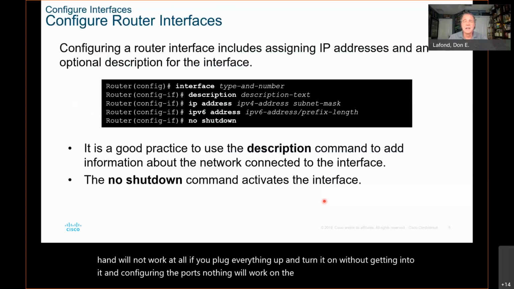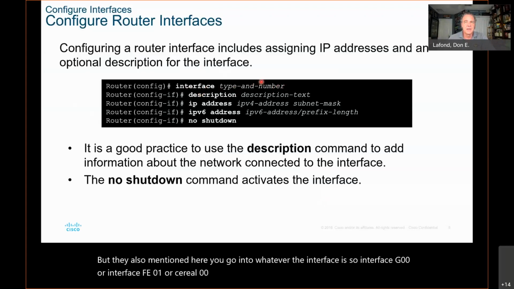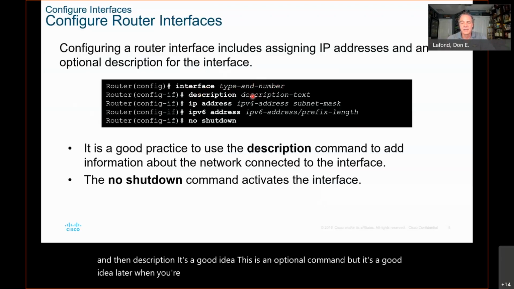Okay. They also mentioned here, you go into whatever the interface is. So interface G0/0 or interface FE0/1 or serial 0/0/0. That's the interface that you're going to configure. And then description, it's a good idea. This is an optional command, but it's a good idea later when you're looking at the running configuration, to see what networks and what ports are what. It's helpful to have a description there.